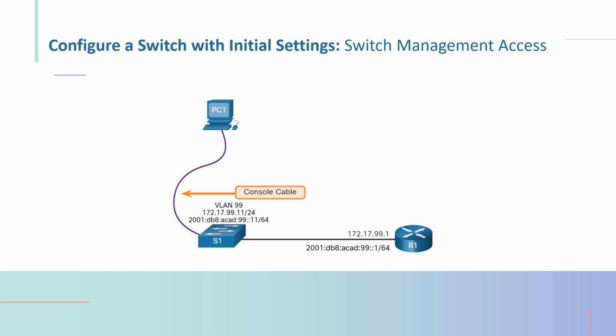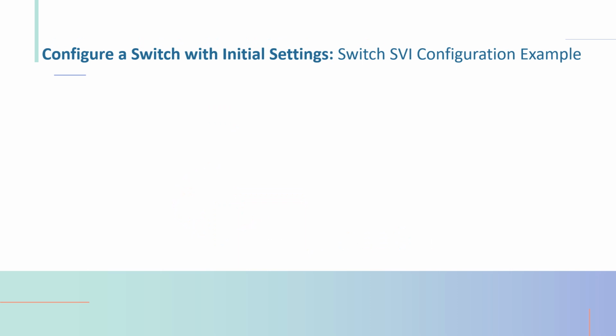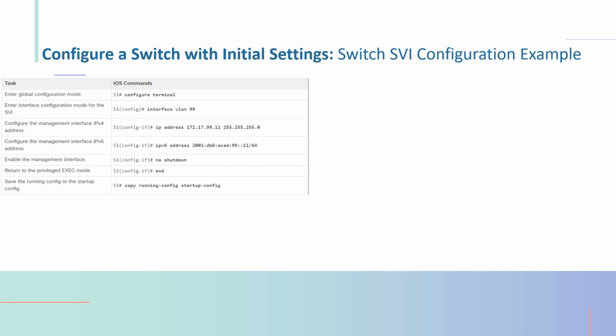To configure the switch management access, we have to go through three steps. The first step is configuring the management interface, where in VLAN interface configuration mode, you enter, for IPv4 networks, the address and the subnet mask that should be applied to the management SVI of the switch, and even the IPv6 address and the prefix length. These are shown here in this table.